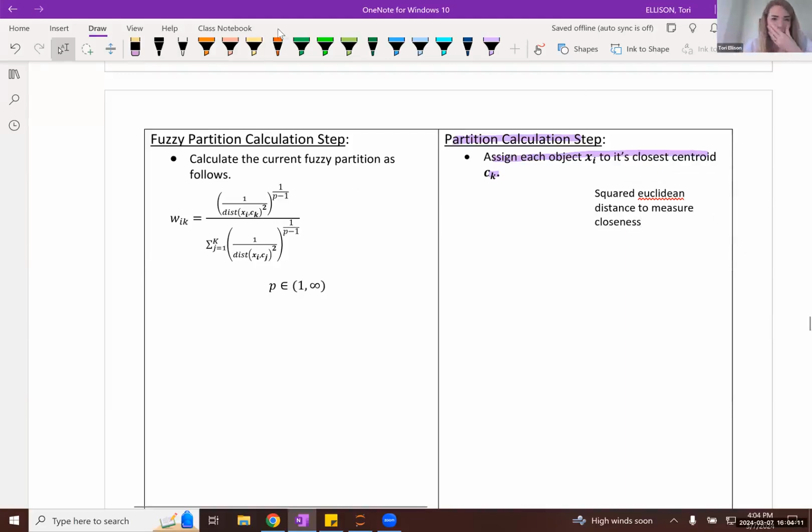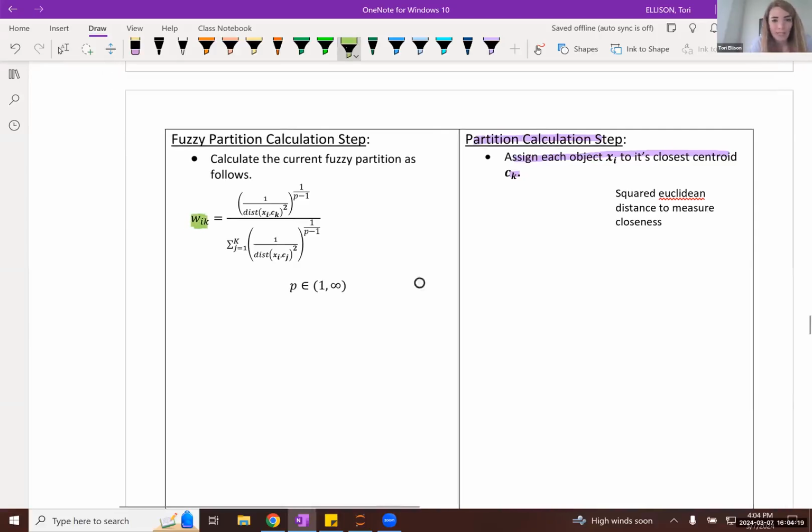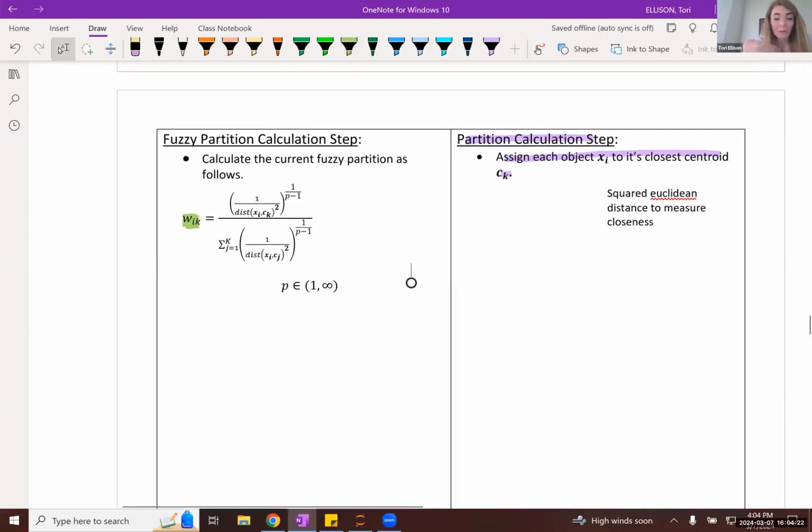What's different in fuzzy c-means is that now we are recalculating our fuzzy clustering membership matrix. We are, in fact, going to be using the squared Euclidean distances of the observation i to the cluster centroid k that we're considering.